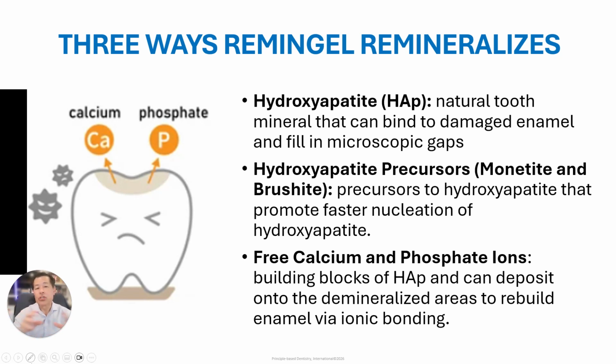So what is Remin gel? Remin gel helps the tooth to remineralize without using fluoride. So it's got within the gel hydroxyapatite precursors, monetite and brushite, and then free calcium and phosphate ions. So the tooth is made out of hydroxyapatite.